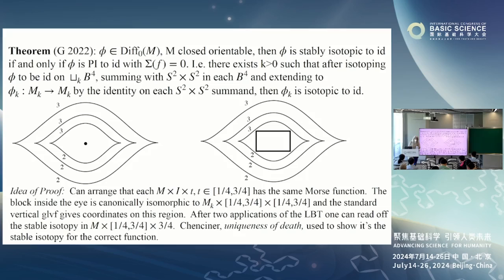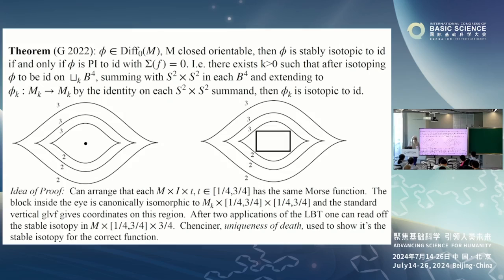Now in those four balls, I connect sum some S2 cross S2. And now I have this new manifold, but I extend the diffeomorphism to be the identity on these S2 cross S2 factors. Suppose I can do this.